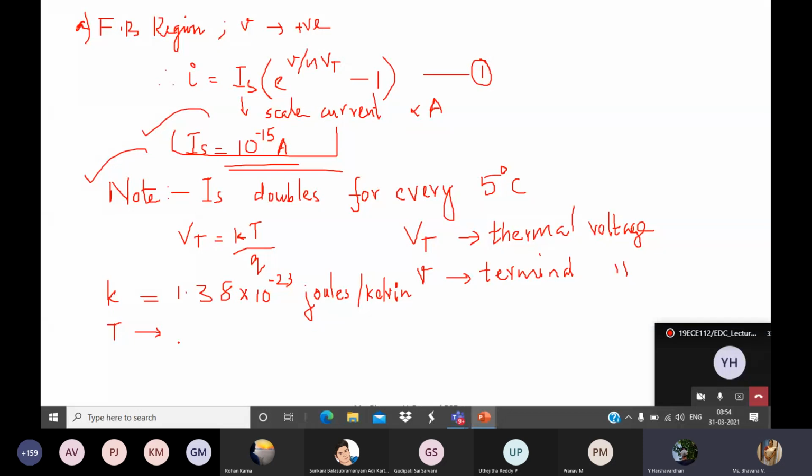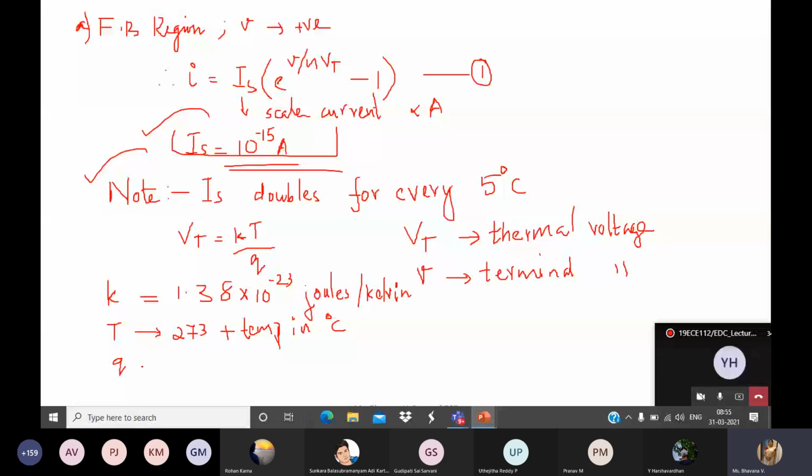T, the absolute temperature in Kelvin, is equal to 273 plus the temperature in degree Celsius.